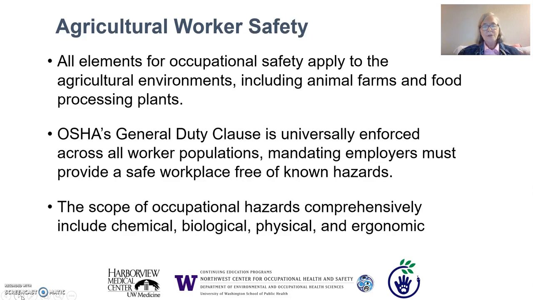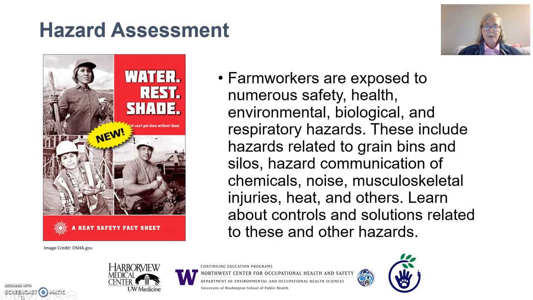And the scope of the occupational hazards spans everything. It's chemical, physical, biological, because we're talking about zoonoses, but also the types of injuries that you have from heavy lifting and ergonomic hazards. There are lots of different components that have been identified by OSHA, especially since much of the work that farm workers are engaged in is almost always completed outside.